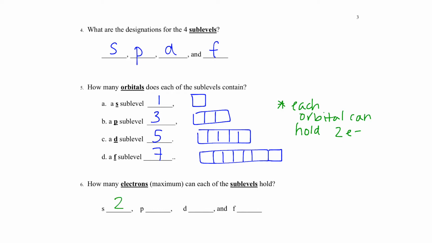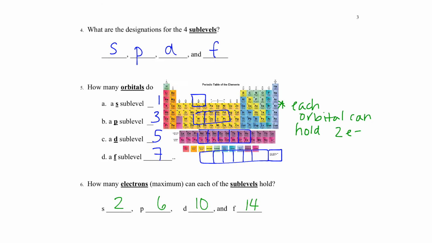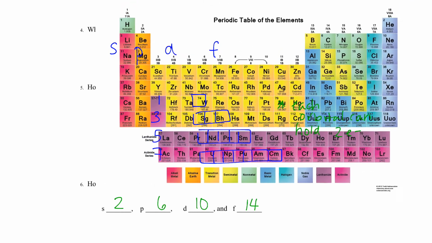So an S sublevel can hold 2 electrons, a P sublevel can hold 6, D can hold 10, and F can hold 14, which those numbers are also not arbitrary. Remember, if we add the periodic table here, let me pull this up on the screen so we can see it. If we check out our periodic table here and bring that up for a sec.